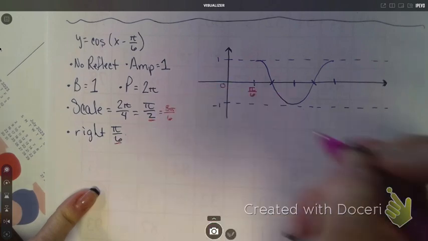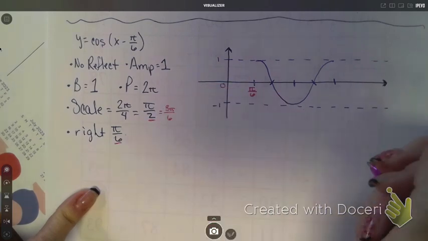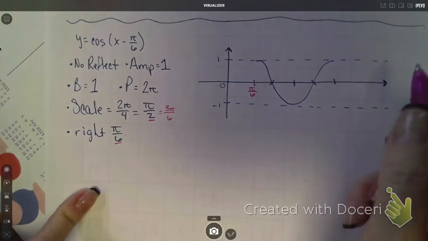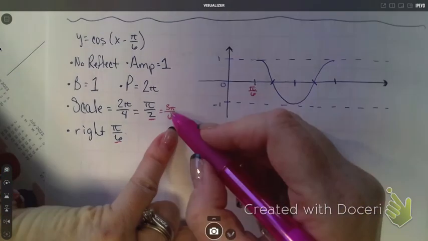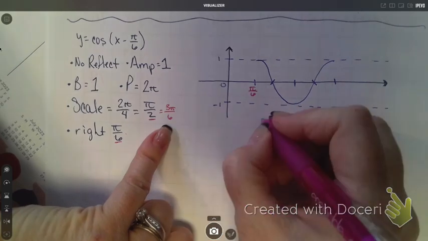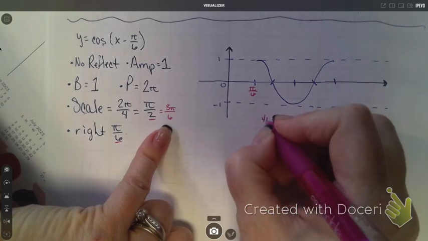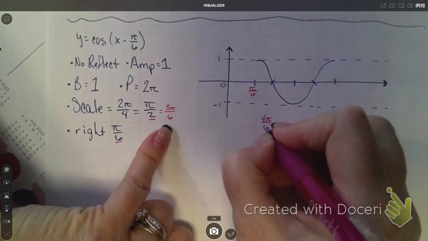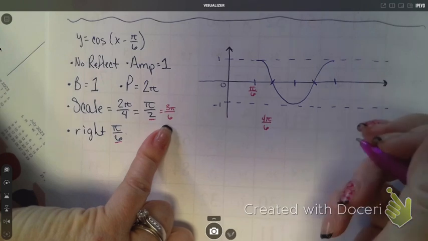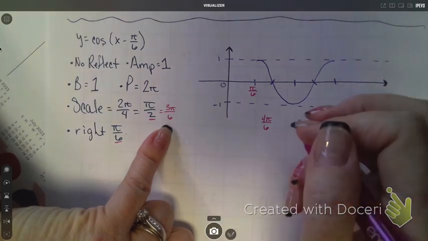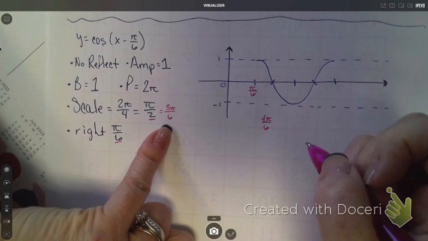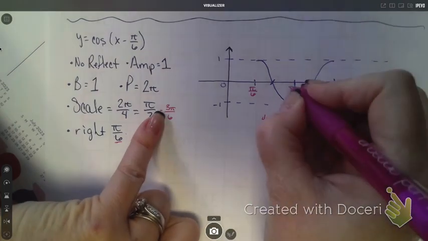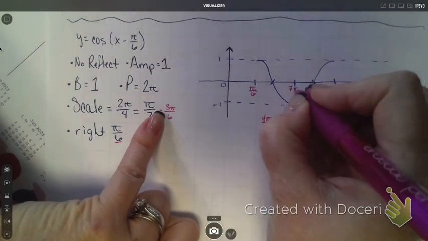So should you have common denominators? Yes. So 3 pi over 6 plus 3 pi over 6 is 4 pi over 6. I'm writing it down here. Why do you think I'm writing it down here? So I'm going to have to reduce, and I'm going to have to keep track. So then 4 plus 3 is 7 pi over 6.